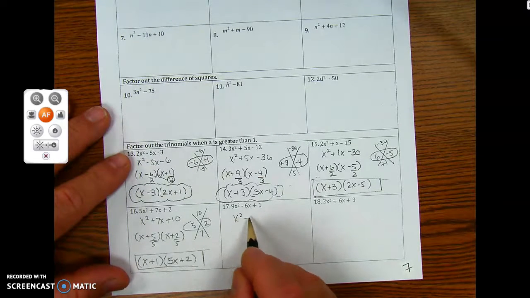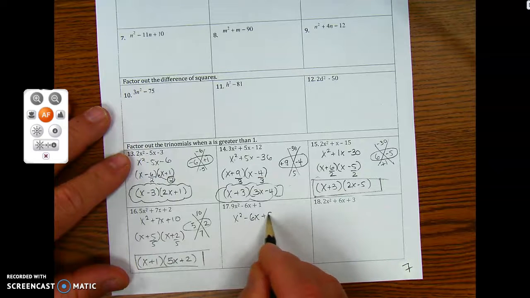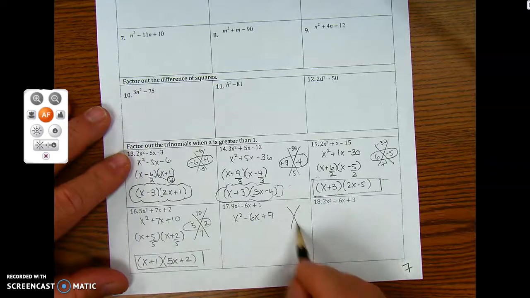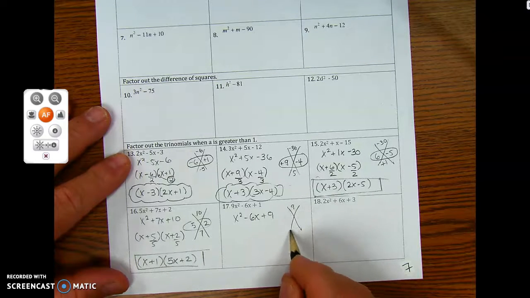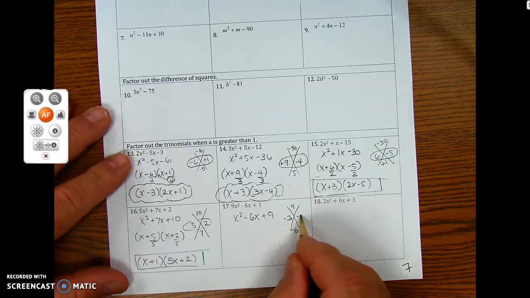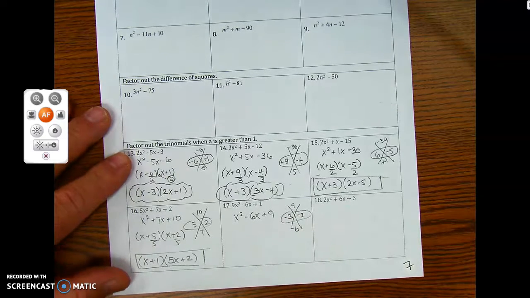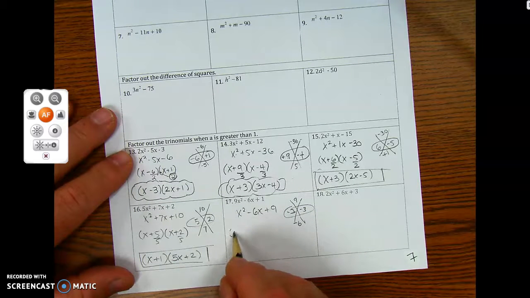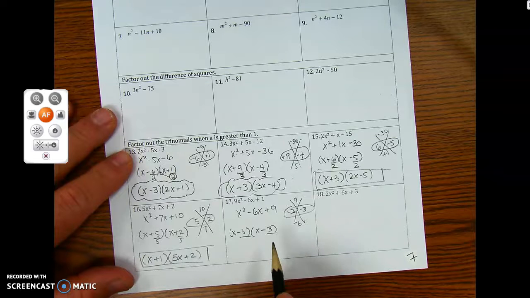All right, x squared minus 6x plus 9. 9 and negative 6. My magic numbers will be negative 3 and negative 3. X minus 3 times x minus 3. Divide by a, which is 9.